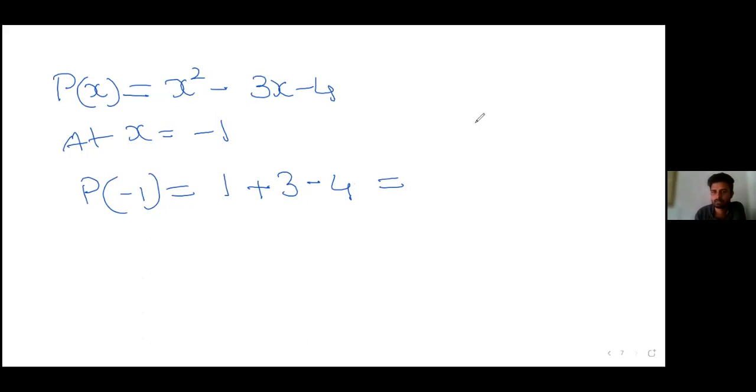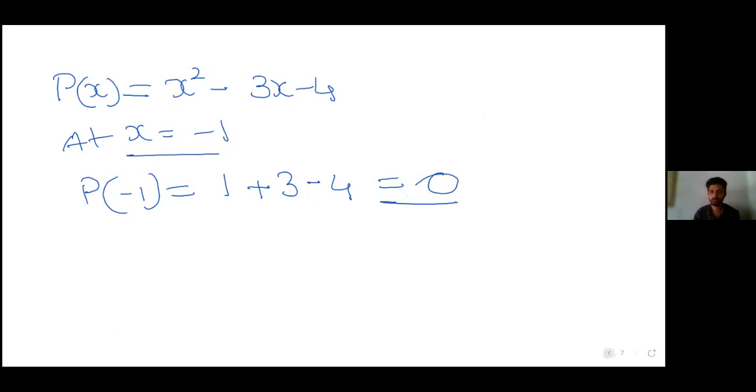What is the answer? It's 0, right? Yes, it is 0.